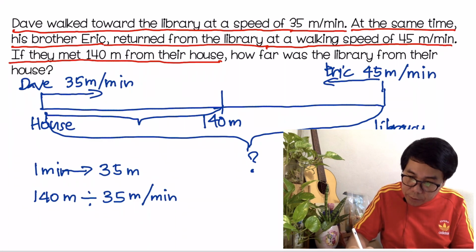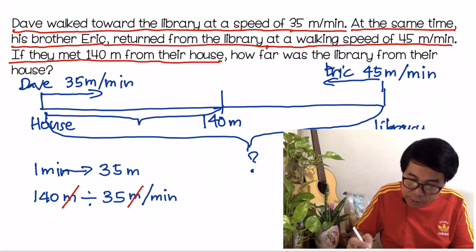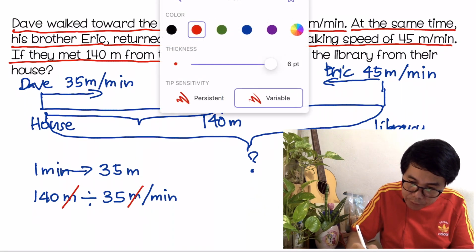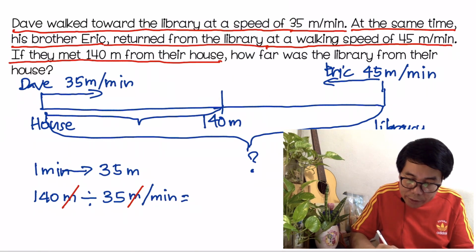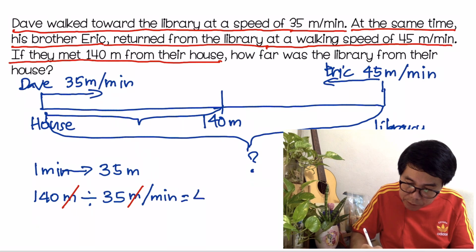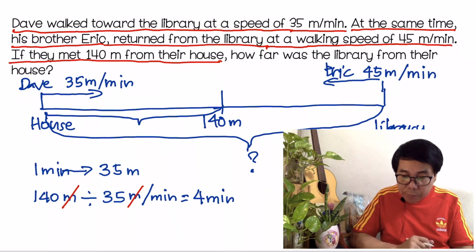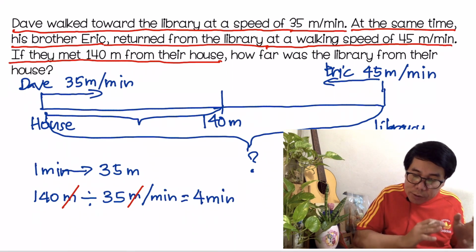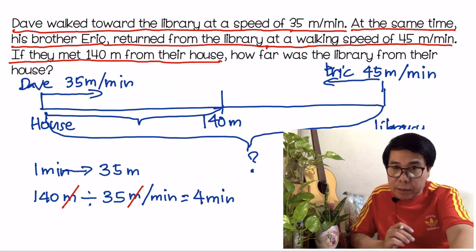So let us again cancel. We can cancel this one and this one, so what is left is the unit, minutes. So this one is 140 divided by 35 is 4 minutes. So they spent 4 minutes from the house going to the place where they met, 140 meters.